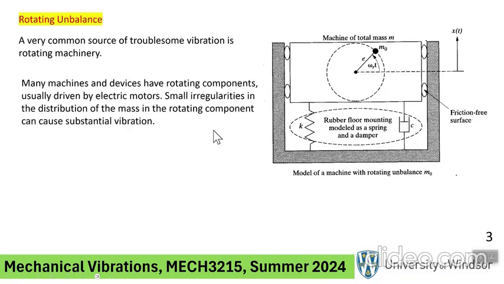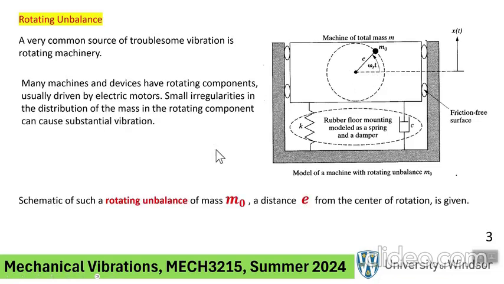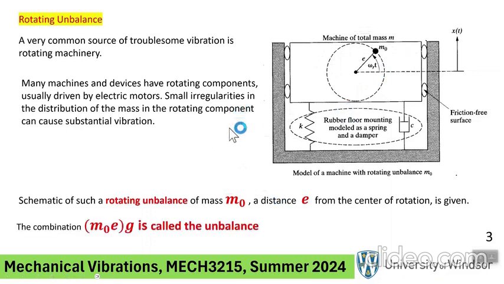Okay? Now, once again, the rotating unbalance, that mass is called m naught, distance e, and the combination is a common term in the rotating unbalance literature: the product of m naught times e times the gravity constant is called unbalance.